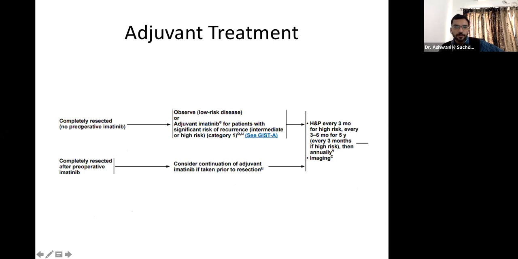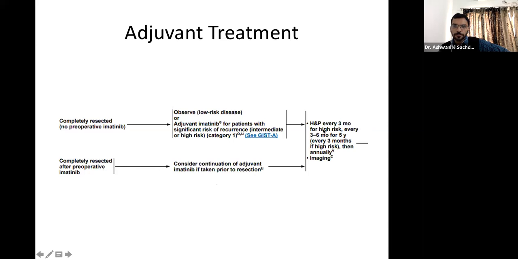Adjuvant therapy for completely resected tumor with no previous imatinib: in low risk disease it is to be observed, and those with intermediate or high risk should be given adjuvant imatinib. Our last patient in the question was a high risk patient. So adjuvant imatinib is category 1, and for patients completely resected after pre-operative imatinib, if it was non-progressive on pre-operative imatinib, then consider continuation of adjuvant imatinib.